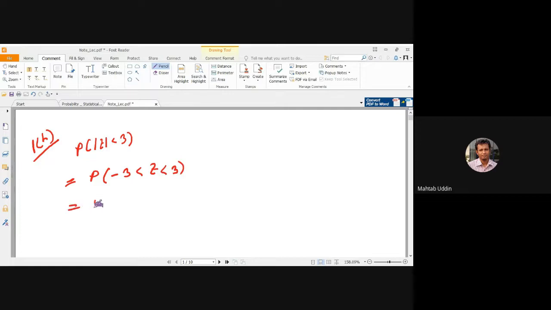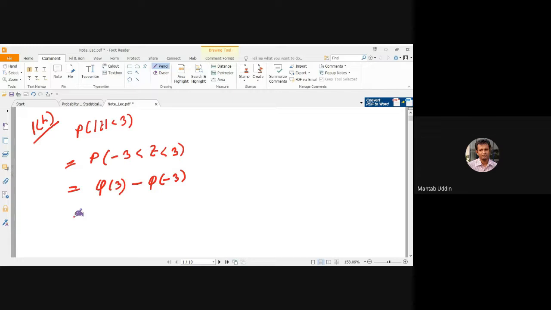So you can write phi of 3 minus phi of minus 3. That is phi of 3 minus, we can also write 1 minus phi of 3 using the symmetry. Then 2 phi of 3 minus 1.